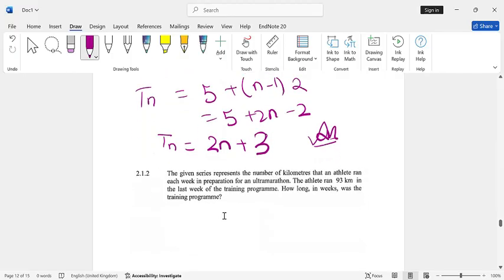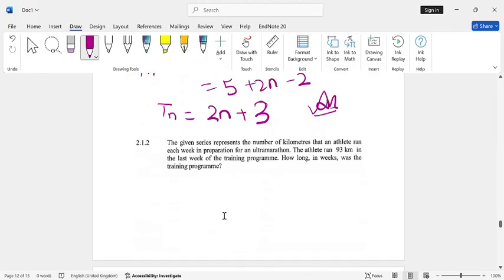The next question: the given series represents the number of kilometers that an athlete ran each week in preparation for an ultra marathon. The athlete ran 93 kilometers in the last week of the training program. How long in weeks was that training program?